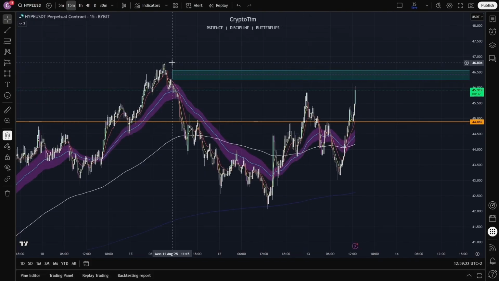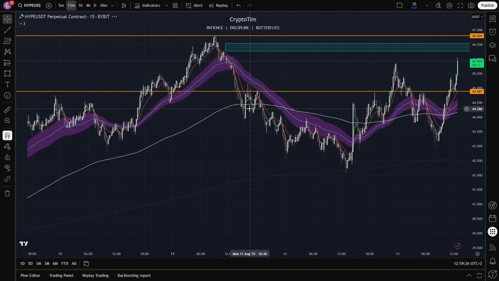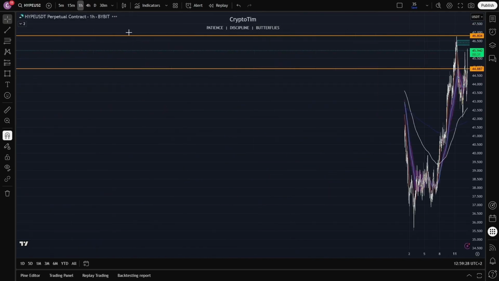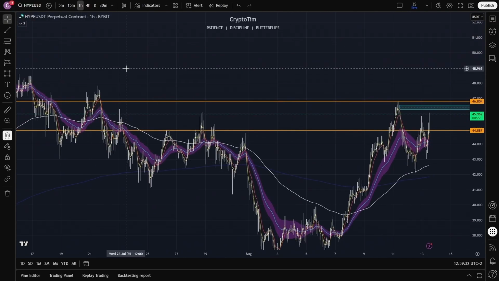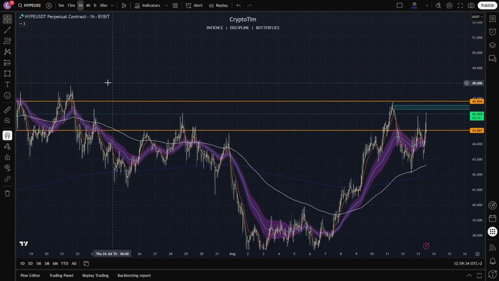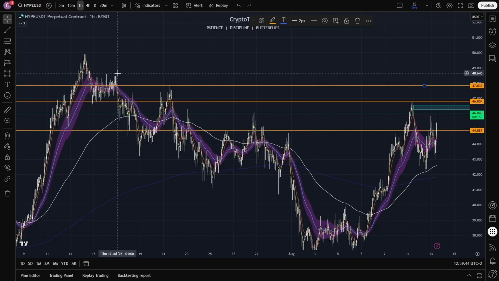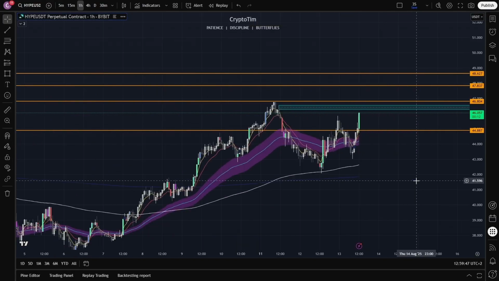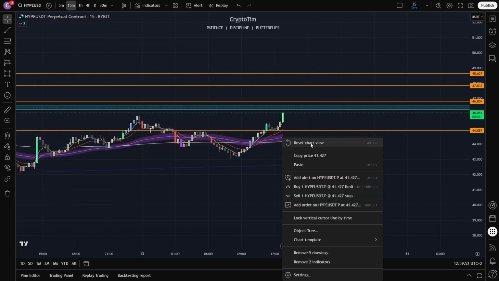We're also going to indicate our liquidity, so the tops of our wicks. We're going to do the same thing for the 1-hour time frame here, just indicating the wicks. So indicating all these liquidity zones.